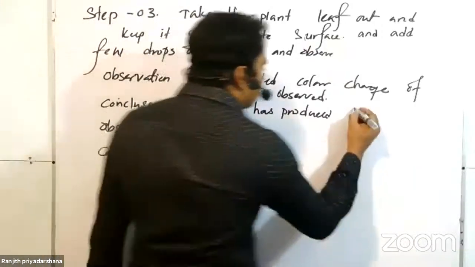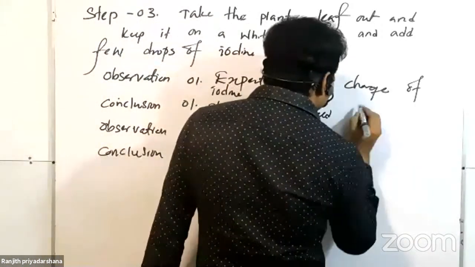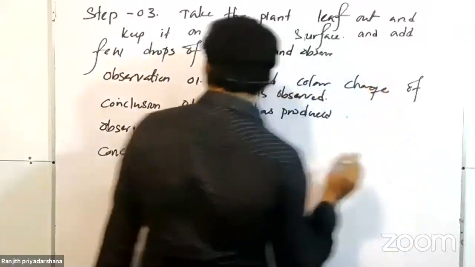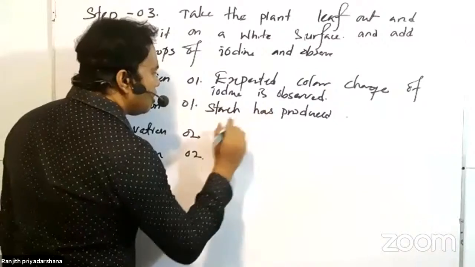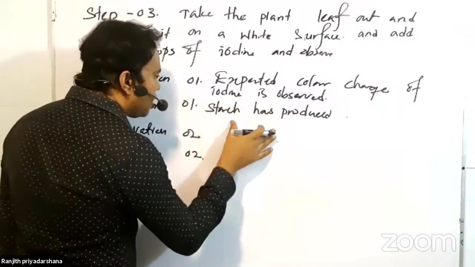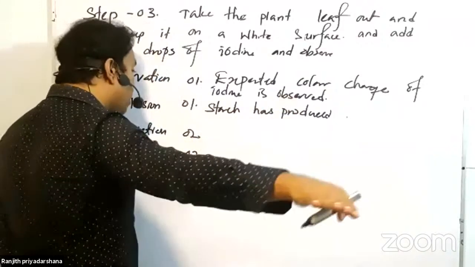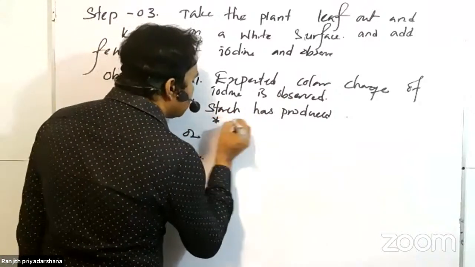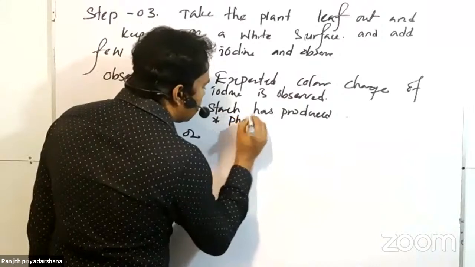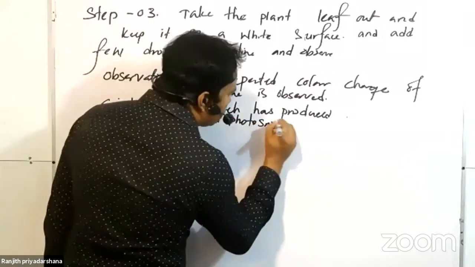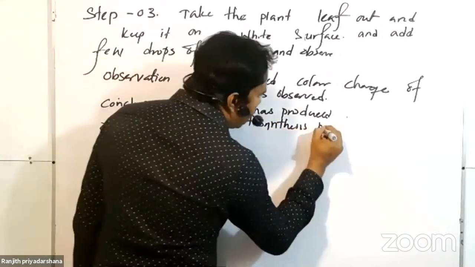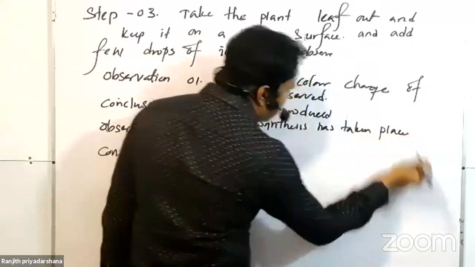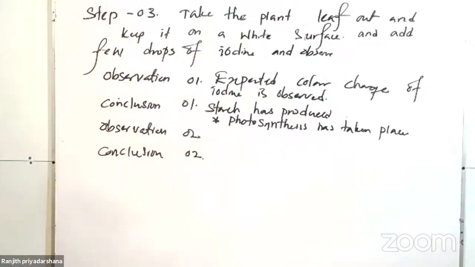Okay, then the second, you can conclude that starch has been produced, but starch is produced by photosynthesis. Your final conclusion, photosynthesis has taken place.